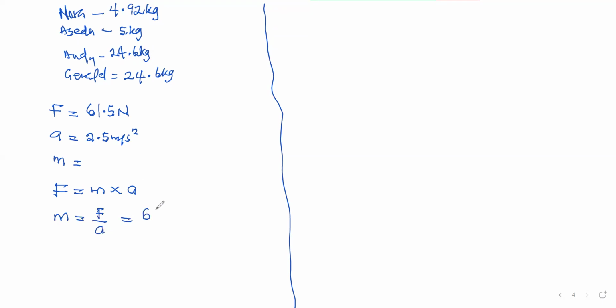F is 61.5 divided by acceleration of 2.5. So what is 61.5 divided by 2.5? 24.6 kilograms. So 24.6 kilogram have actually won.